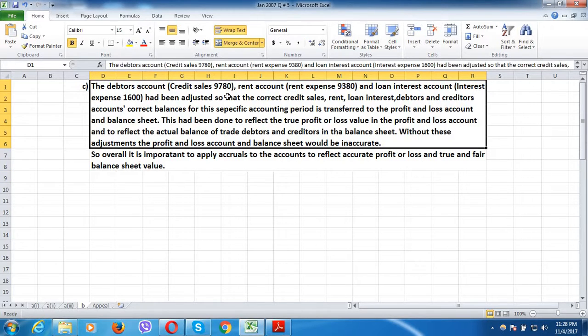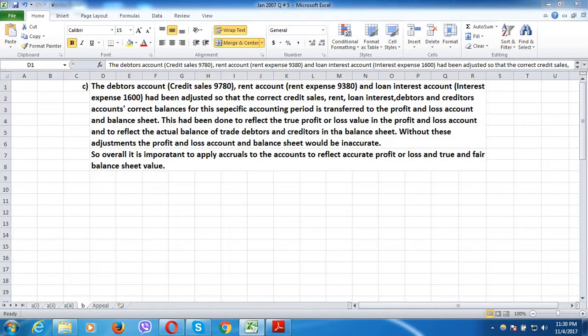The debtors account, rent account, and loan interest account, in which we have found credit sales 9,780, rent expense 9,380, and interest expense 1,600, had been adjusted so that the correct credit sales, rent, loan interest, debtors, and creditors balances for this specific accounting period are transferred to the profit and loss account and balance sheet.